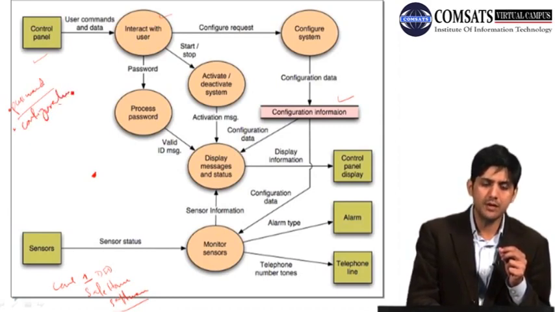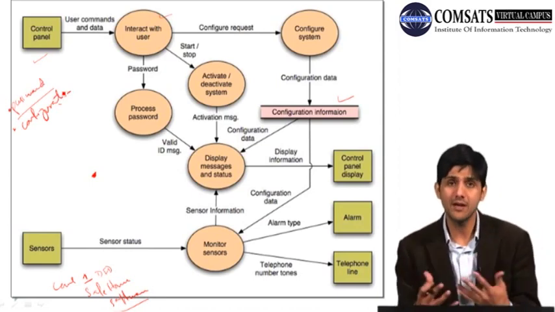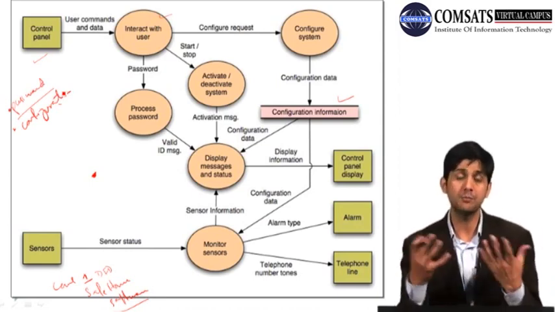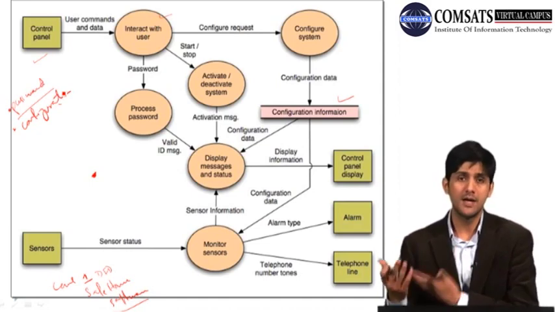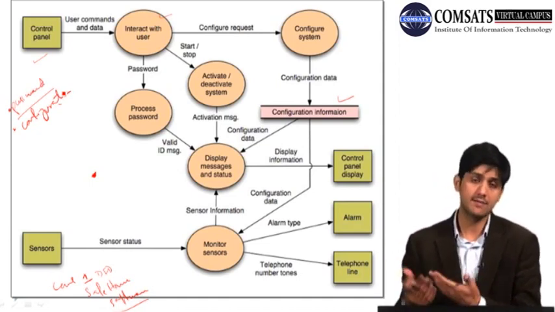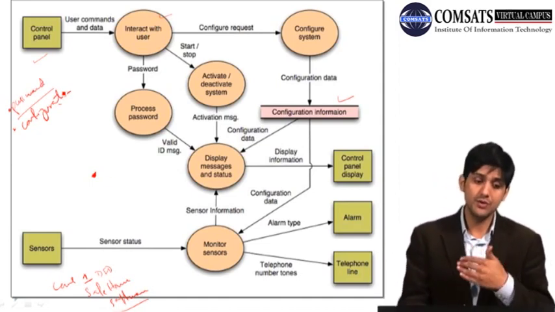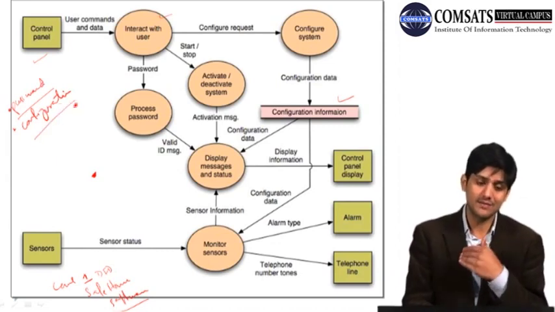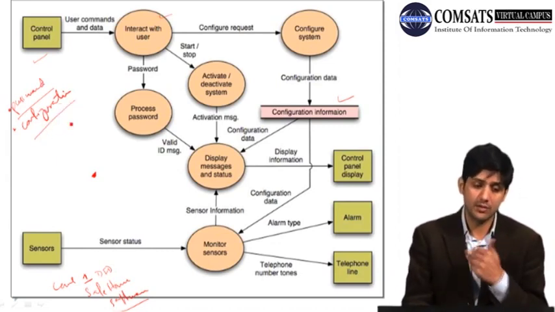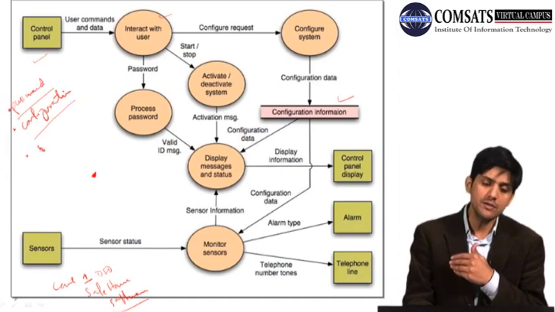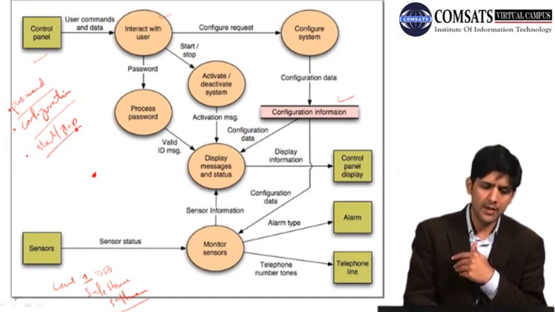For example, you want this product to be activated, or you want it to actively take input from all the sensors at 8 p.m. and stop doing that at 7 a.m., whatever. So you can change your configuration settings as well, which may include your master password and all these kinds of things. And similarly, you can also tell this device to start or stop when you desire.